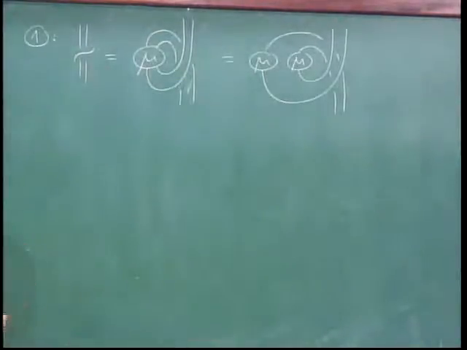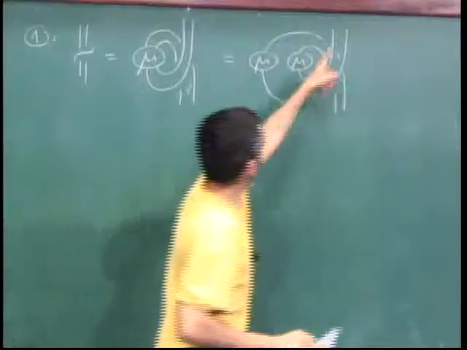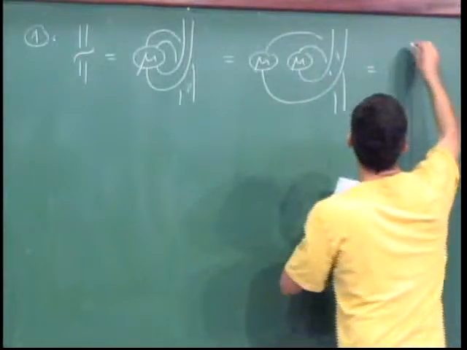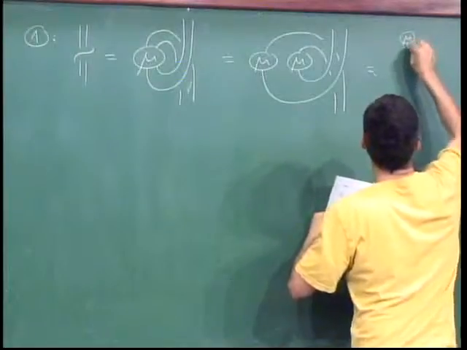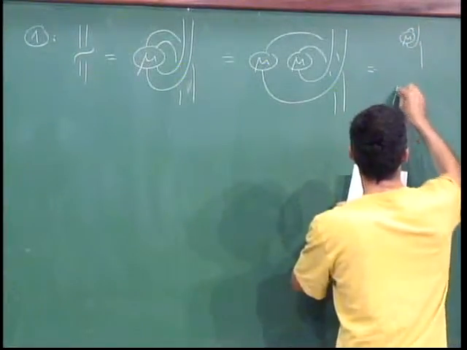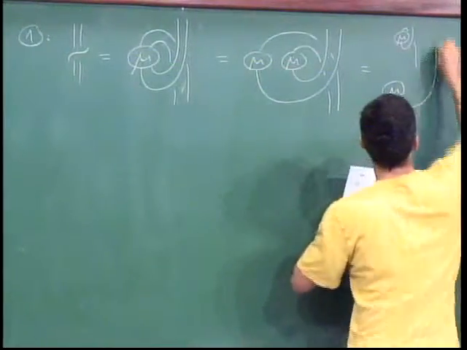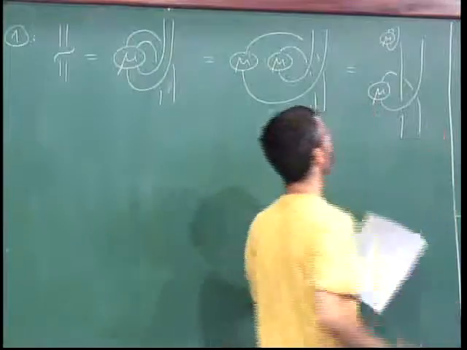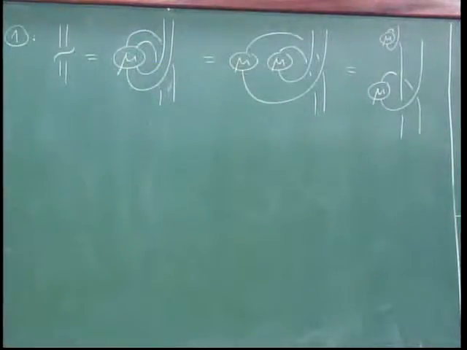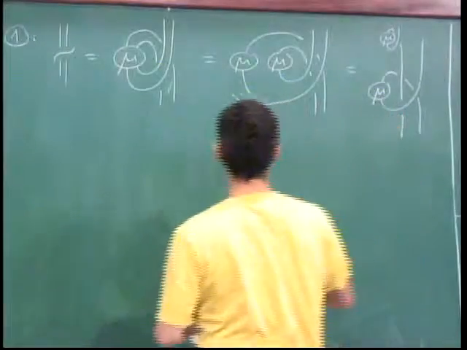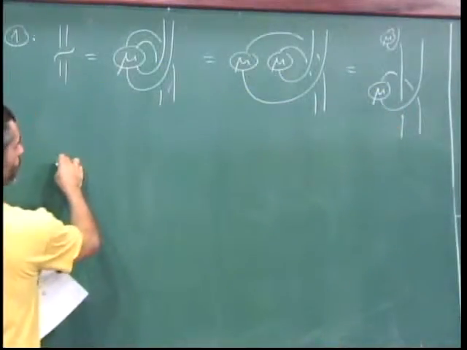Okay, and now it's just a matter of pulling the strings to bring it into that form. So let's take this little loop and push it upwards. So here it is. And then that bigger loop remains where it was, and this strand goes through it. Now let me redraw it in this slightly different way.